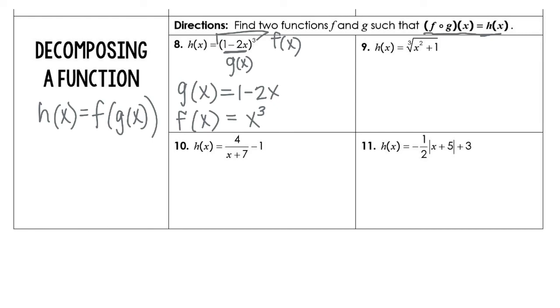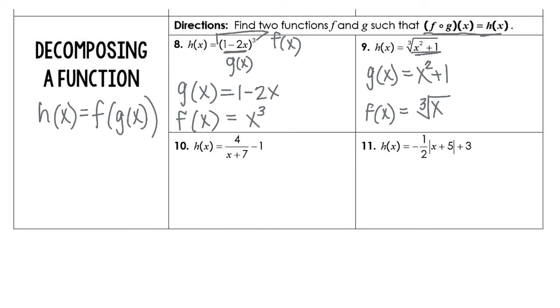Okay, so for number 9, same idea again, the innermost here, taking g of x, that's going to be this inside portion, so that's going to be x squared plus 1, and then, not h at x, sorry, f at x is going to be the outer part, which is that cube root, so it would have been the cube root of x.